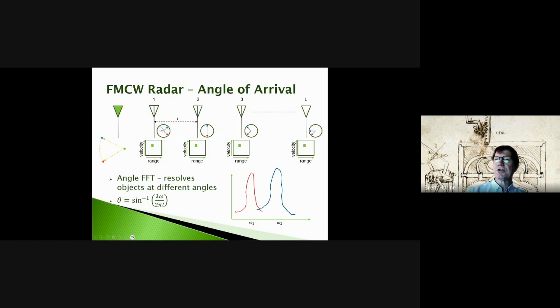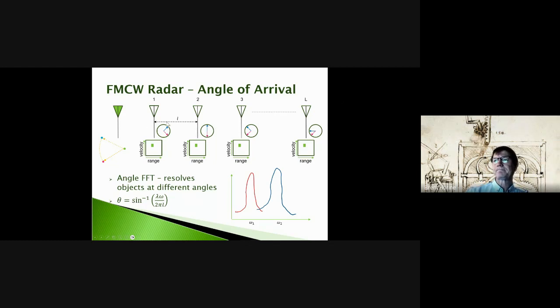But each is associated with a phasor, and this phasor is going to rotate at a rate that's related to its bearing with respect to these antennas.